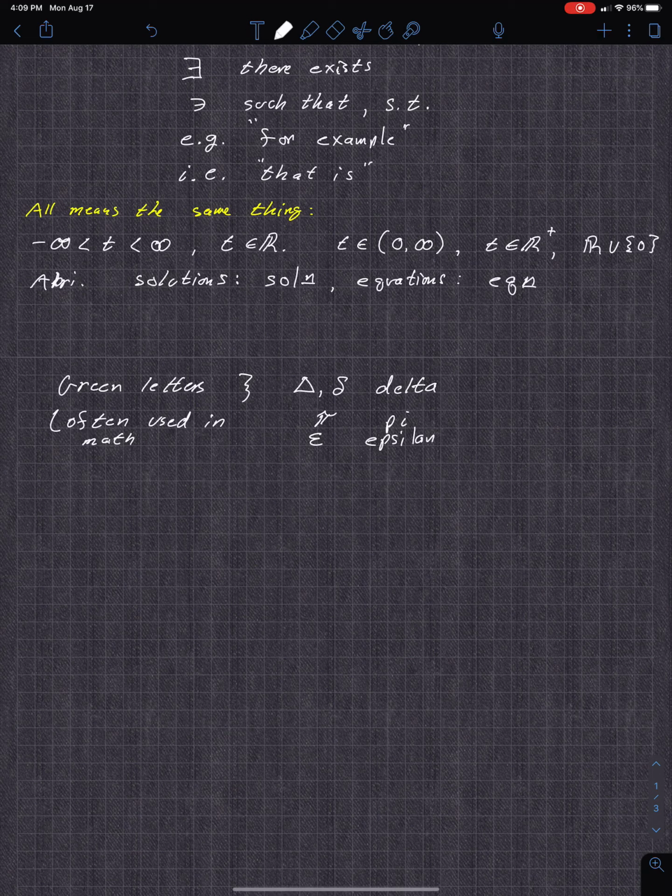Epsilon looks like that. So you may want to look up the Greek alphabet, but these are the ones we use mostly. I'm sure you've seen theta. And then you have phi. We use mu.